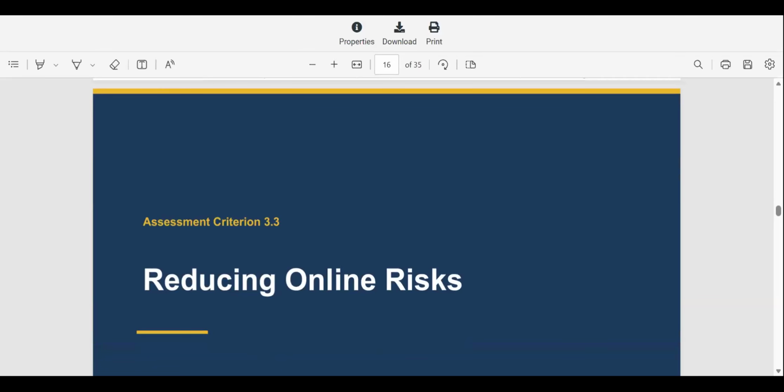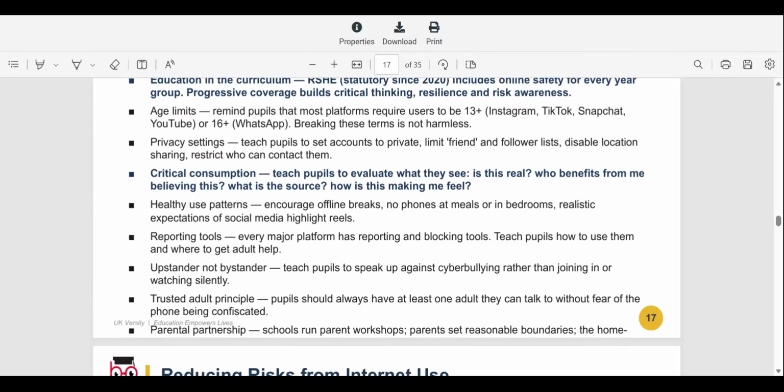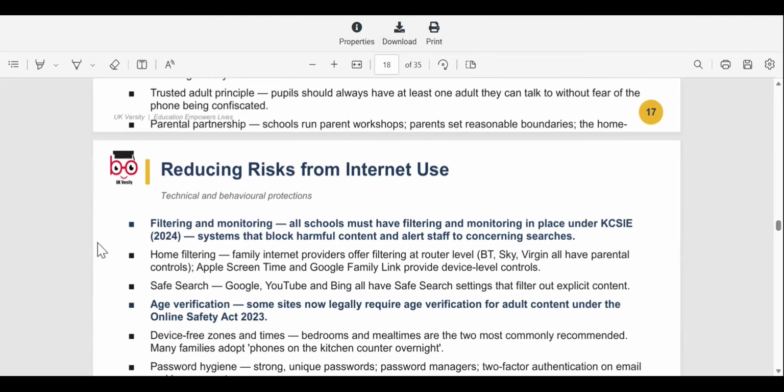AC 3.3, reducing online risks. We've got reducing risk from social networking, making sure you are putting things in place like software security settings, age limitations, privacy settings, two-factor authentication, password managers, reporting tools, making sure your parental partnerships are in place, privacy controls, and recognizing any scams that are being reported.